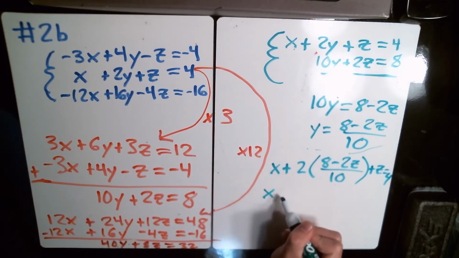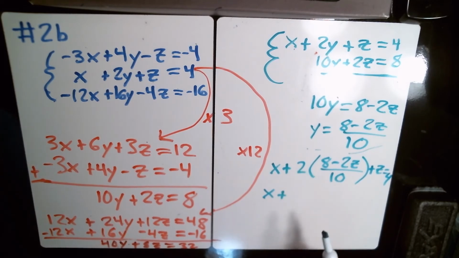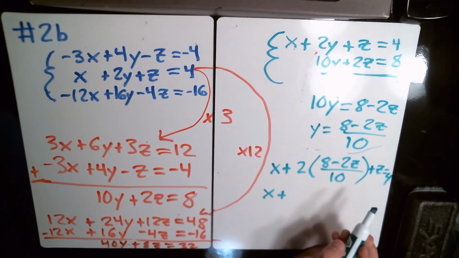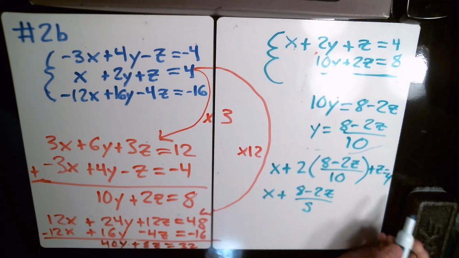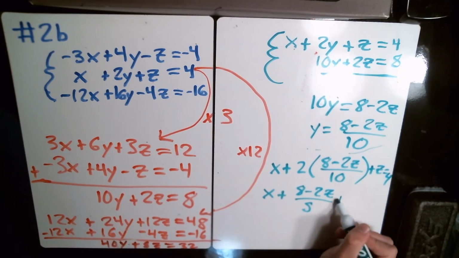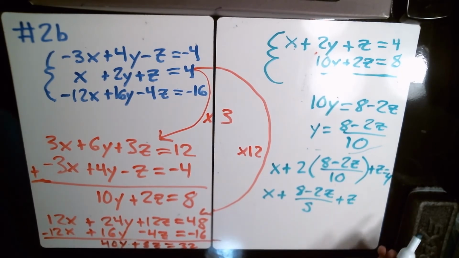So we get x, well, 2 divided by 10 is 1 over 5, so we've got 8 minus 2z over 5, and then plus z is 4. And then you could simplify this a little bit. It's going to be a pain because of fractions.